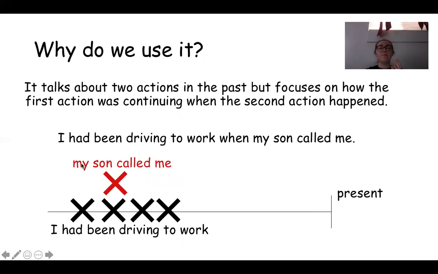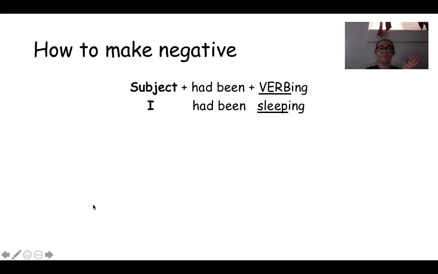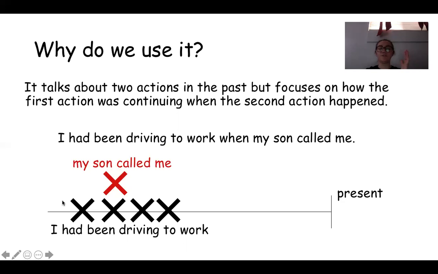And my son called me. So this is why we use it, because you're talking about two events in the past. One is continuing while another single event happened, right? My son called me. When you tell your story, use the progressive tense to say, oh, I had been doing an action, and then something else happened while I was doing that action.